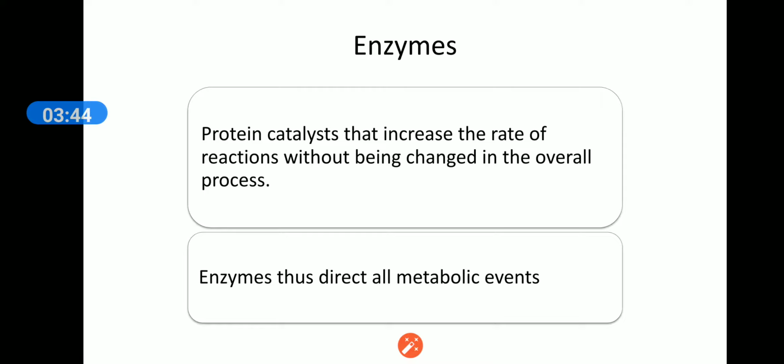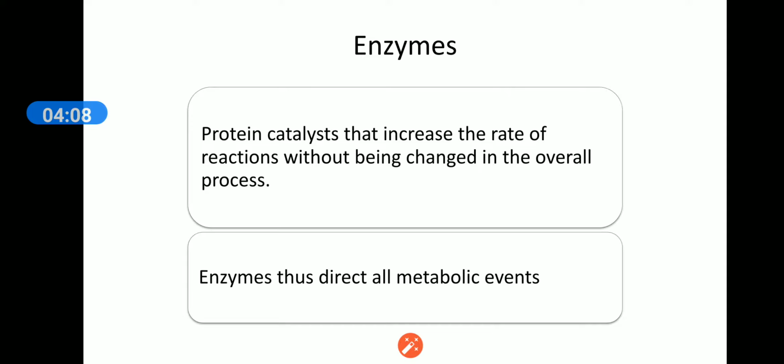By definition, protein catalysts that increase the rate of reactions without being changed in the overall process are called enzymes. So enzymes are basically proteins in nature which increase the rate of reaction and are not consumed in that particular reaction.